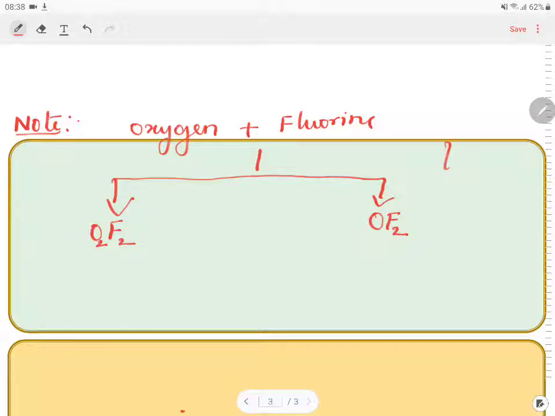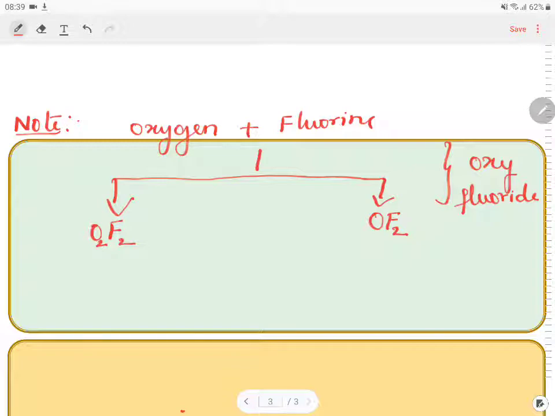Among fluorine and oxygen, oxygen is less electronegative, therefore the name starts with oxy and ends with the more electronegative element, so they are known as oxyfluorides.